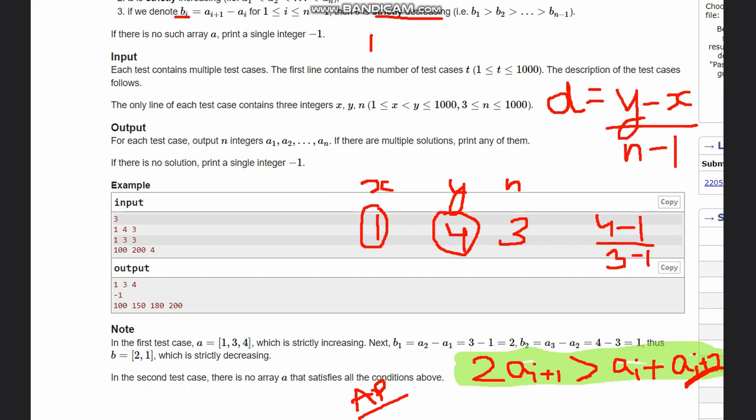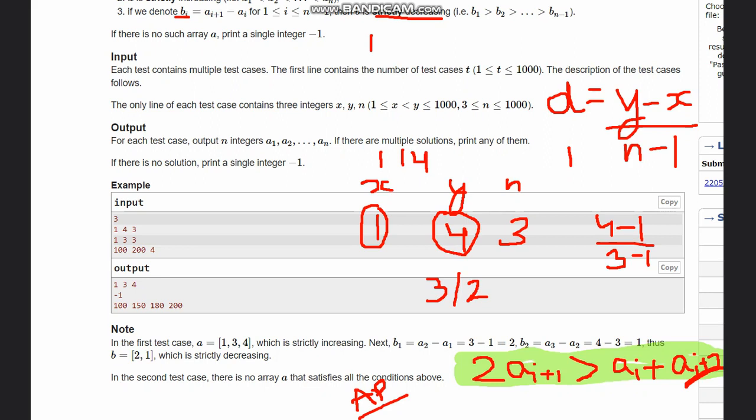So 4 minus 1 gives us 3, 3 minus 1 gives us 2. So 3 by 2, what will it give? It will give us 1. Now it gives us 1 and we have our array as 1, 1, 4.